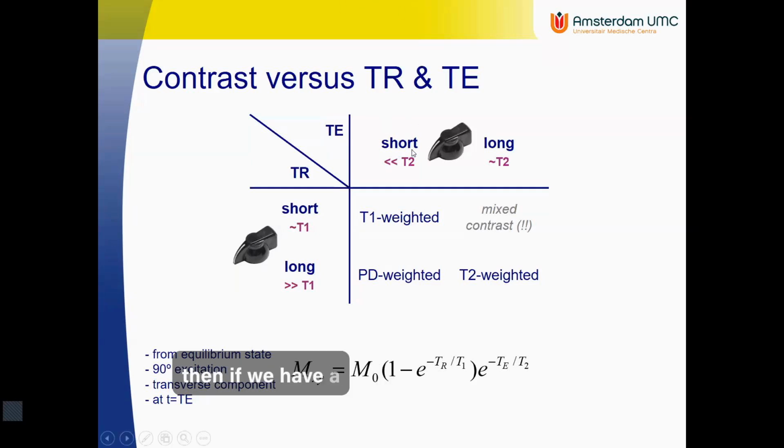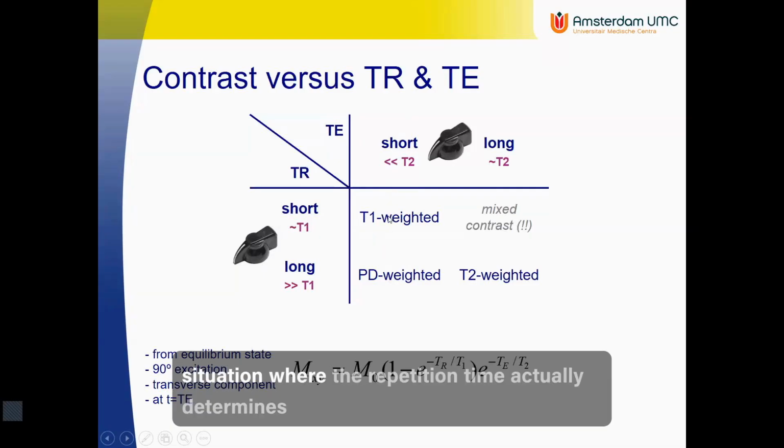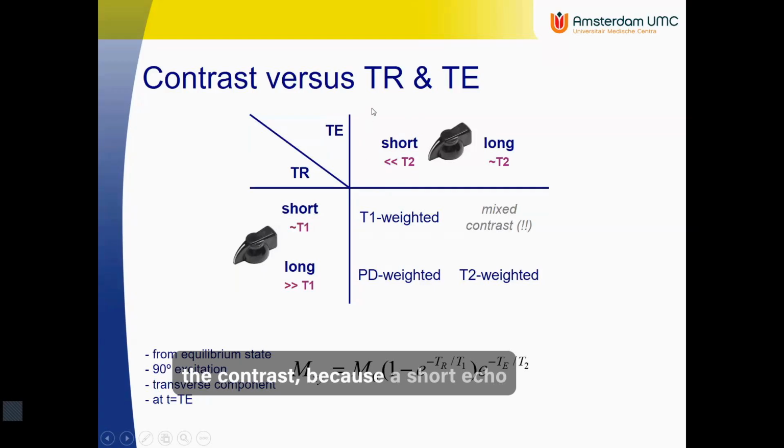And if we have a short echo time, we are in a situation where the repetition time determines the contrast, because a short echo time means we don't have T2 contrast.